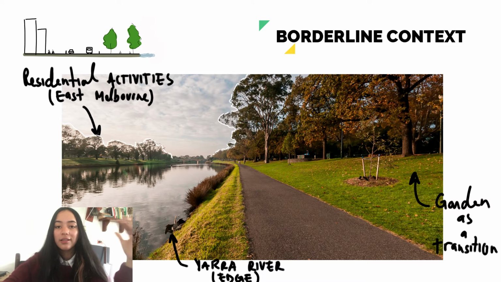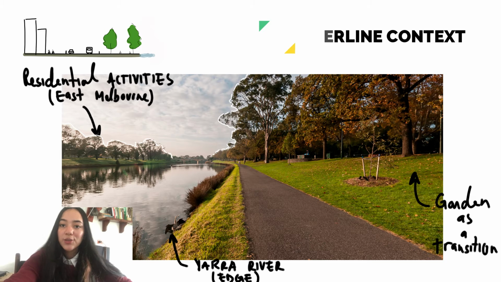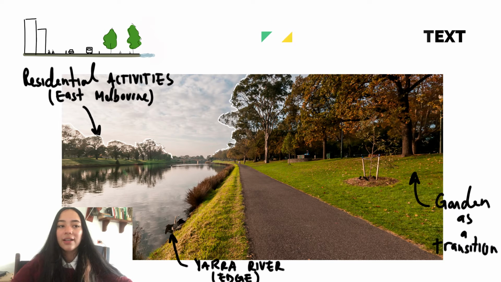And I think this kind of transition helps to create this calm and quiet sensation in the observers, making them feel like they are in a completely different place than they were before in the city landscape.